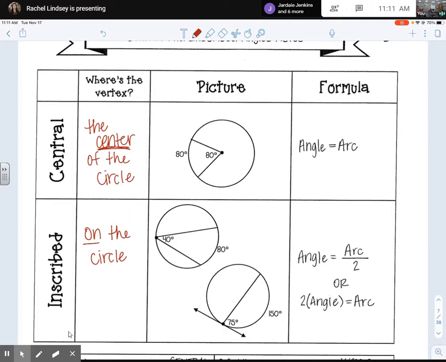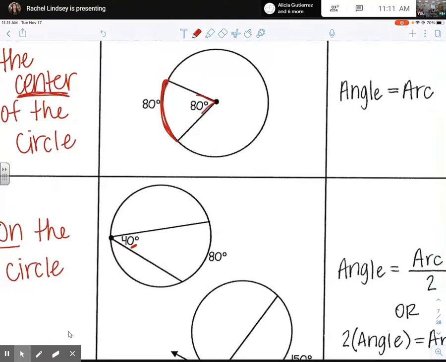To find the measure of a central angle and its arc, the angle of a central angle equals the arc measure. So this 80-degree angle equals its arc measure. With an inscribed angle, the angle is only half of the arc. This angle is 40, and its arc is 80.